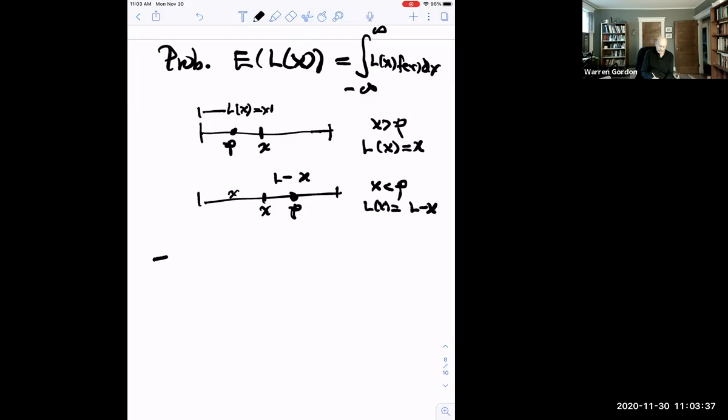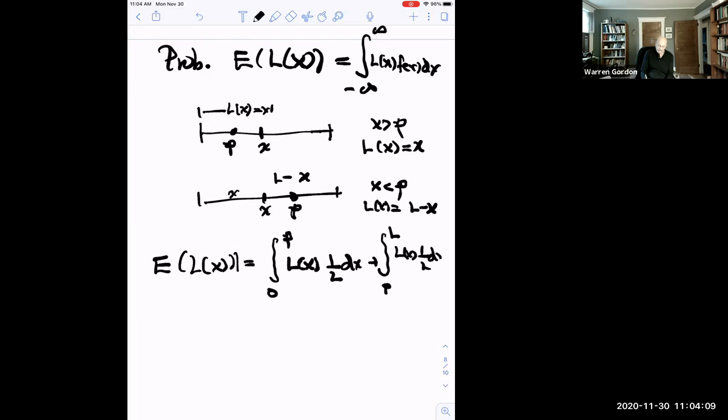So now, notice we can break this integral up. Nothing happens until we get to 0. So I can go from 0 to P, and between 0 and P, well, let's break it up like so. F of x, remember, is 1 over L. Plus from P to L of L of x times 1 over L dx.